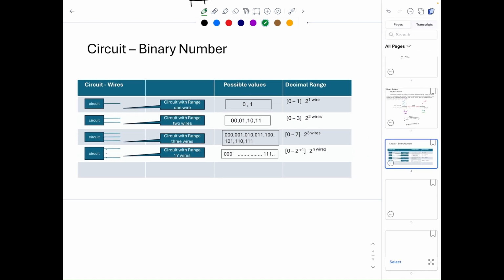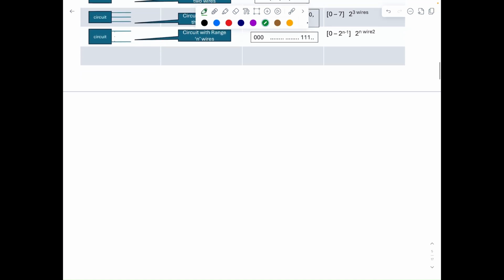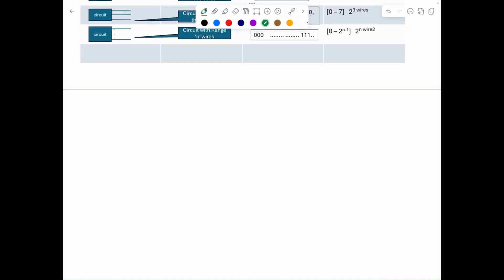Let me explain this picture in more detail. Suppose I have a circuit here, a black box, and I have one wire.